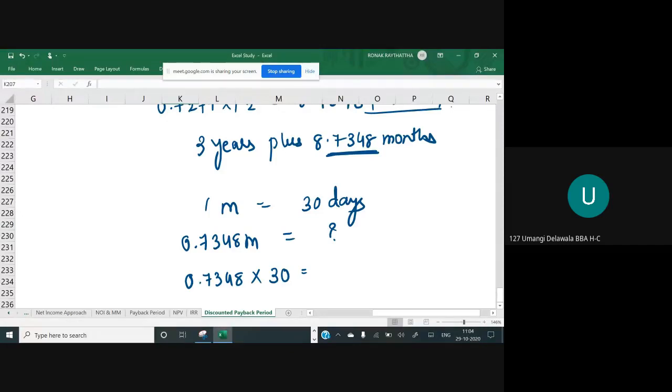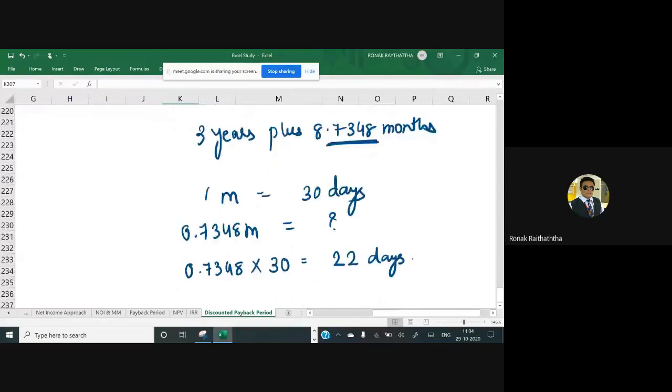22.044. Good. So we can round it down. 22 days we may take. If it would have been more than 22.5, then we would have taken 23. If it is lesser than 22.5, we would take 22.